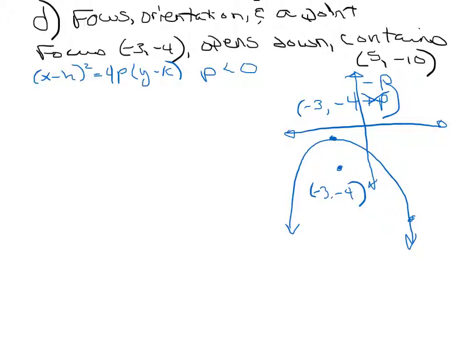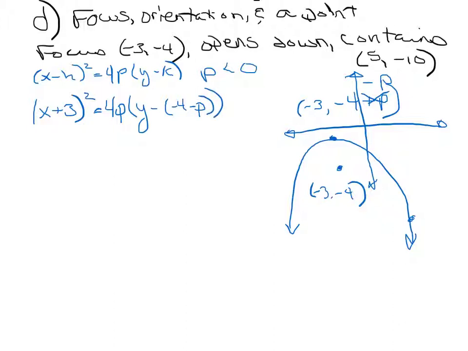So now that I have a little bit of information, I can go ahead and plug into my equation and hopefully then use my equation to solve for p. Then I can get a little bit more information about k and get a good equation in the end. So I'm going to have (x - (-3)), so x + 3, squared equals 4p times (y - my k), which was -4 - p.